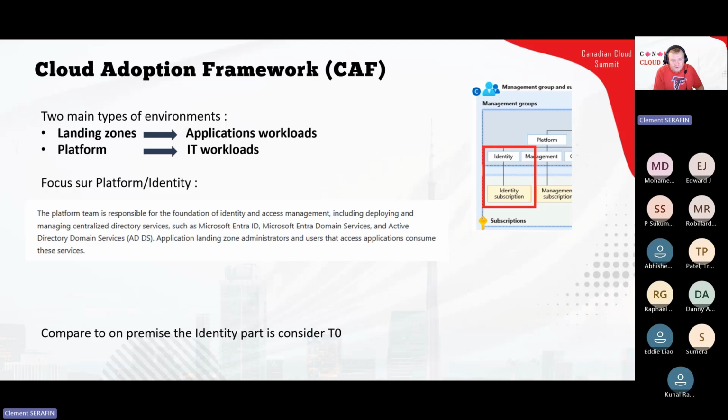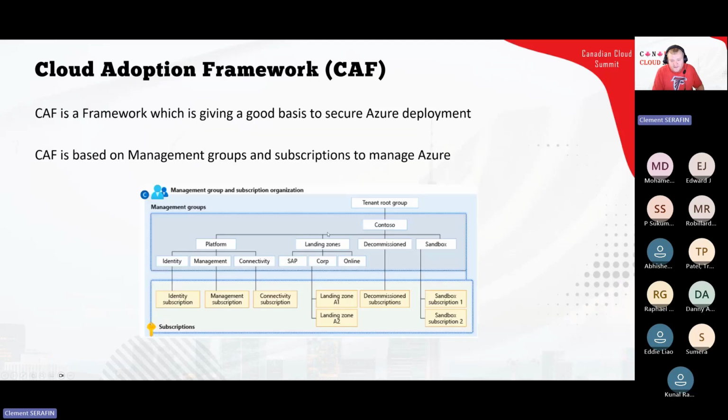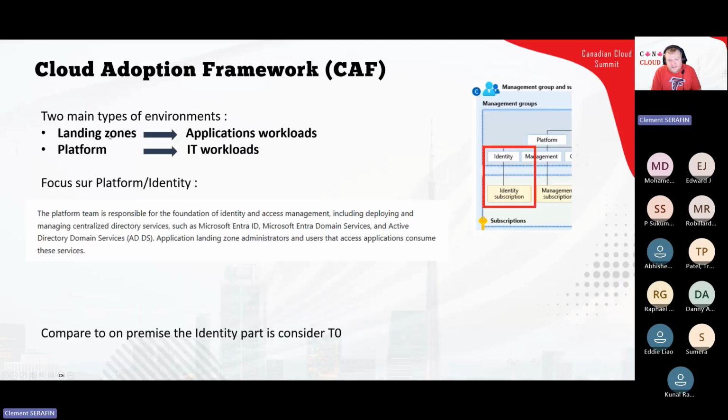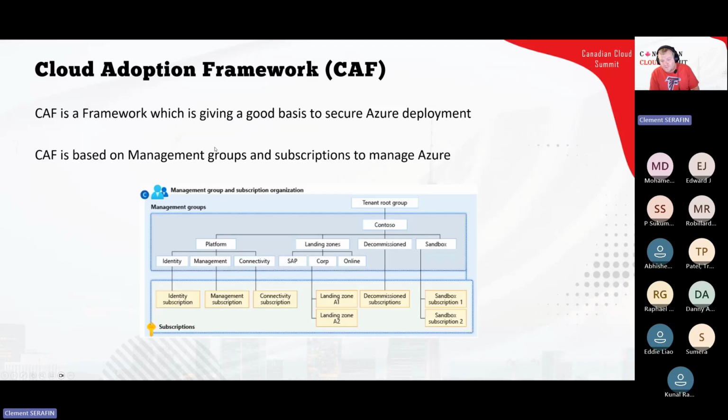We have what we call Azure landing zones, okay? And after that you will have the platform, the decommission, and the sandbox. In detail, in the landing zones, all your application workloads will be inside. After, on the platform, you will have all the IT workloads. It's really important to split that because if you look at the schema, you have like Corp, SAP, or stuff like that.